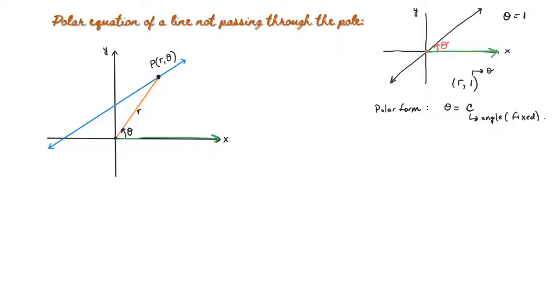So if we choose a random point on this line, we're going to have to know r, and we're going to have to know theta, right? And that's not difficult to figure out. But you will have to know another point. That point is going to be on the line, and is going to be the point that is closest to the origin.